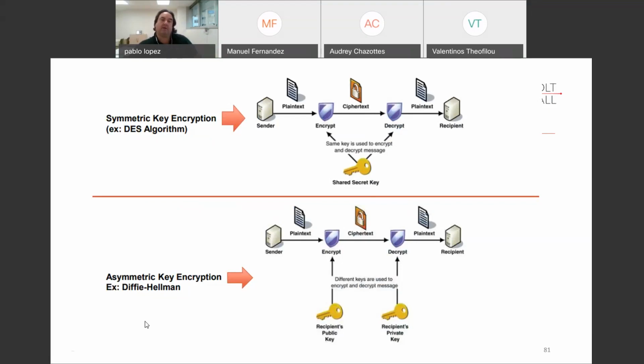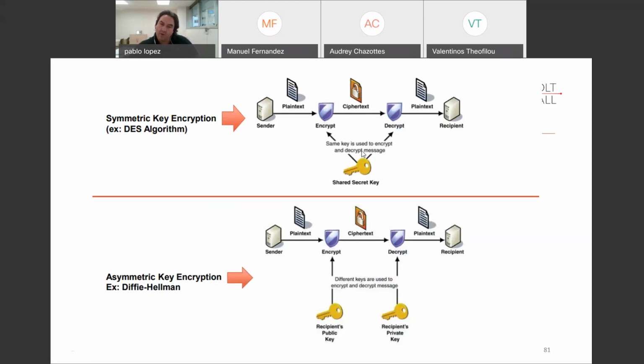On the other hand, when we're talking about asymmetric encryption, we are making a similar process. Sender encrypts the plain text and it converts to ciphertext. But the difference here is that there is not only one secret key.